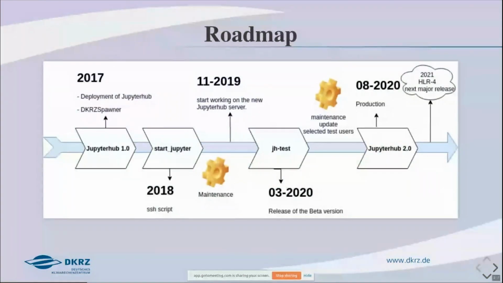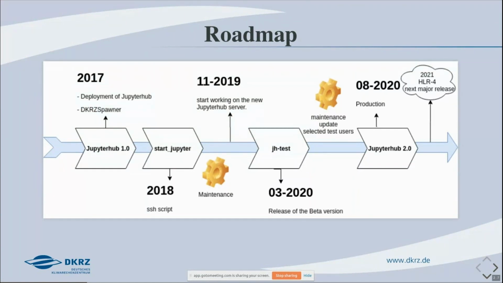So this slide only shows some progress events. At the DKRZ, we already had a JupyterHub server, which was running quite well, and we also provided the script for that.